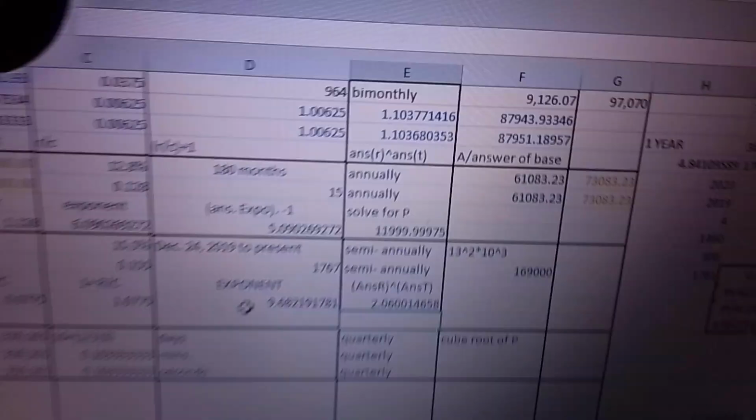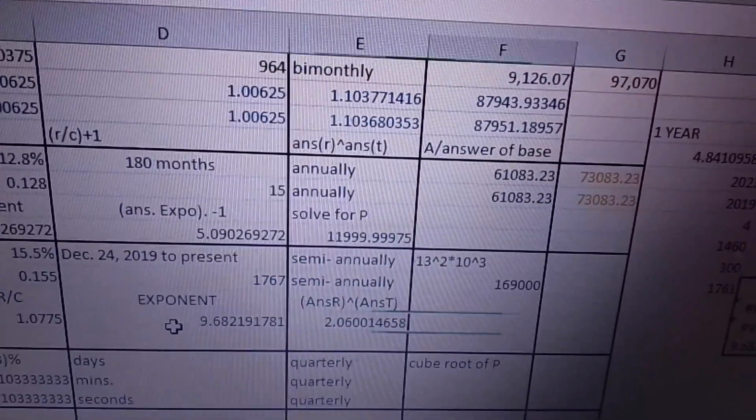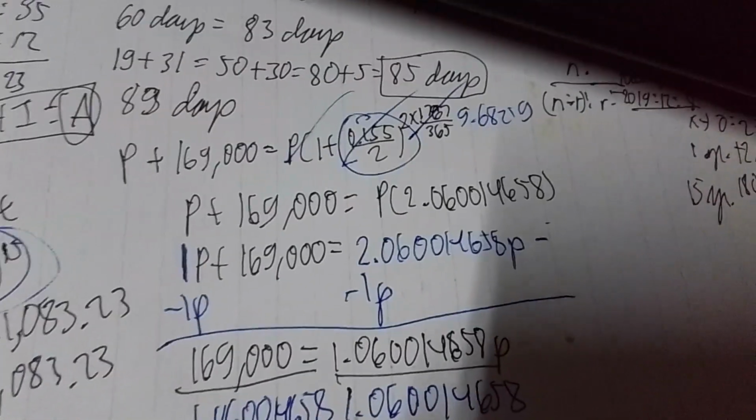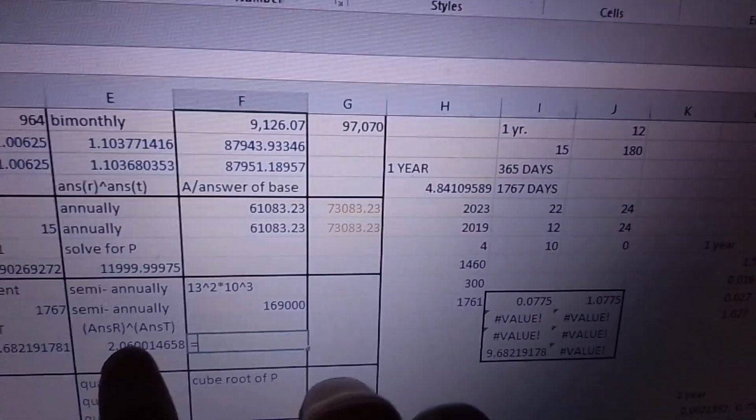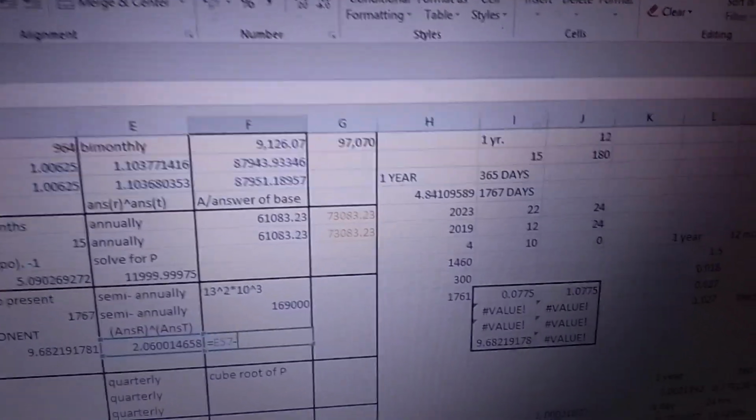So yan, yun yung gagawin namin dito sa Excel. So ang ginawa ko dito, we already got our answer. And now the next step that we're gonna do is, di ba, remember yung ginawa ko dito, shift the cells. Di ba, remember we're gonna have to subtract 1 on both sides. So therefore, i-minusin namin by 1. So this one minus 1.